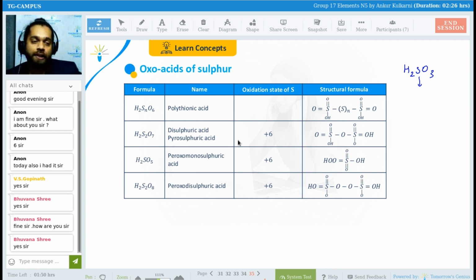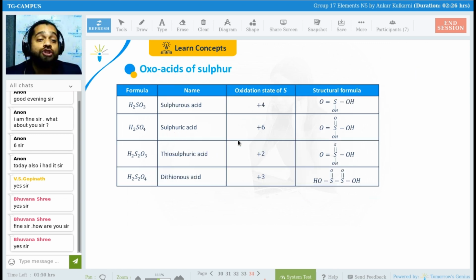What is the oxidation state of sulfur in H2SO3, that is sulfurous acid? You have to remember this, important. What will be the oxidation state?